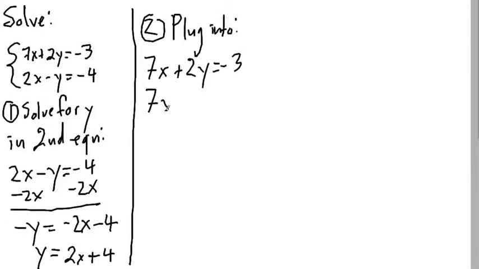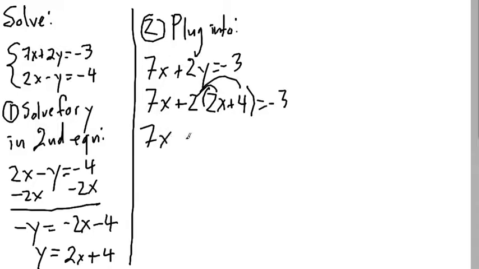This gives us 7x plus 2 times (2x plus 4) is equal to negative 3. I distribute, which gives me 7x plus 4x plus 8 is equal to negative 3. I combine like terms. 7x plus 4x is 11x, plus 8 is equal to negative 3.